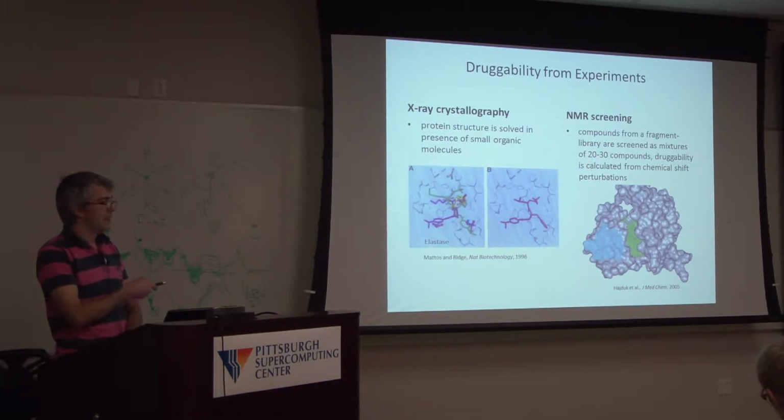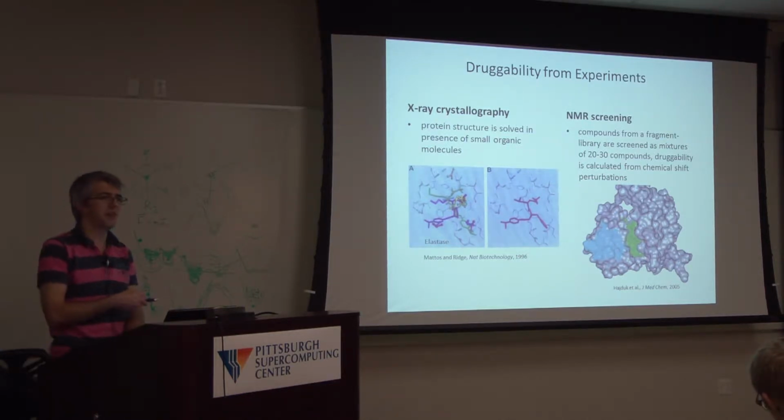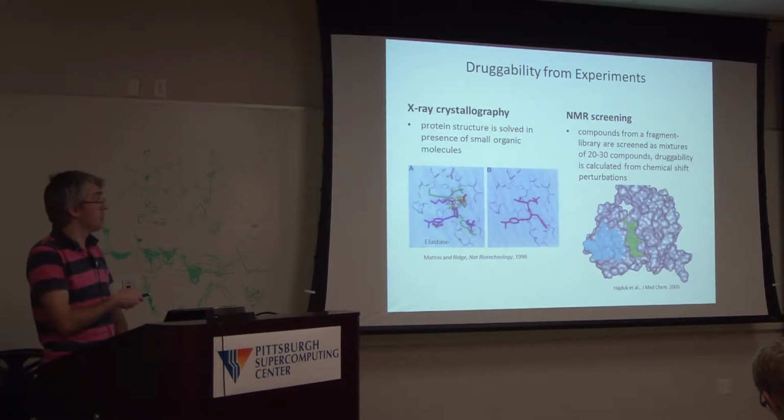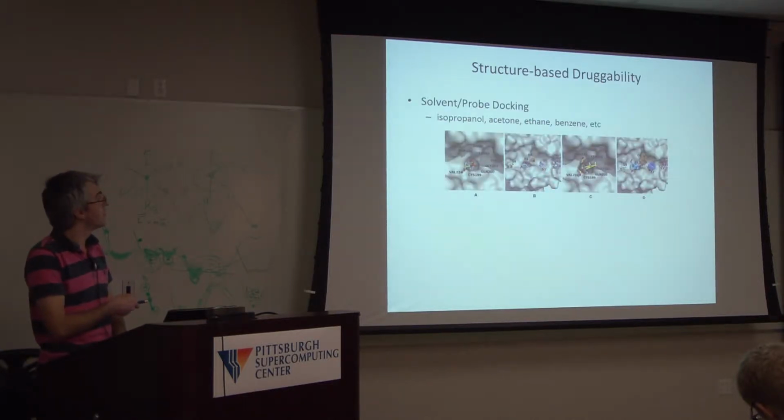They had a set of 1,000 fragments, and they screened the protein like 50 times. Each time there were 20 different fragments in the test tube, and wherever more fragments bound corresponded to sites that are known to be druggable.